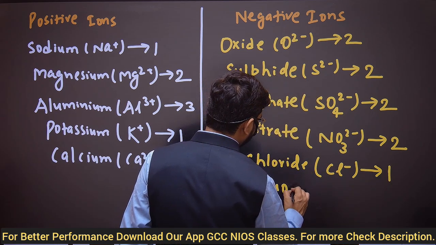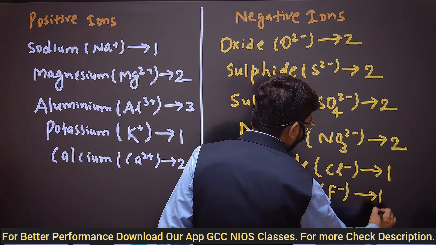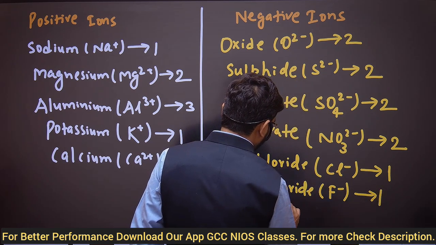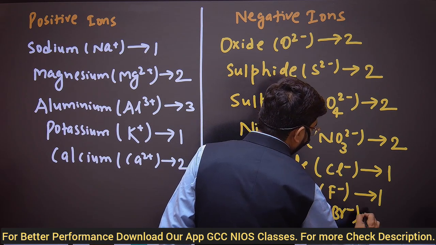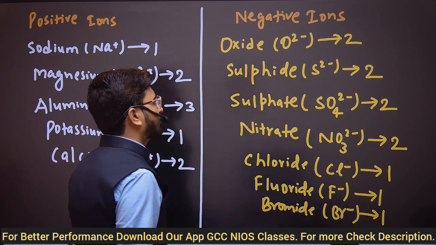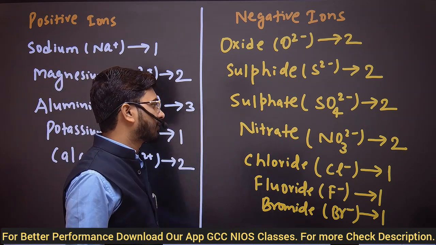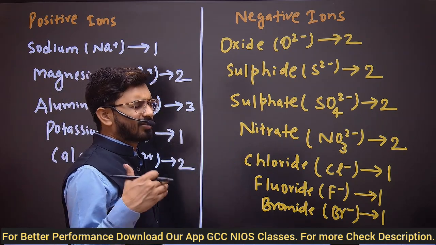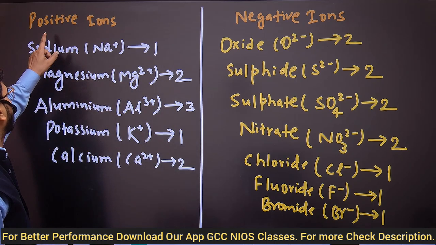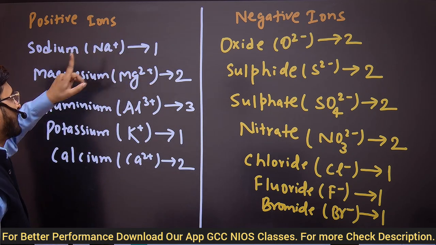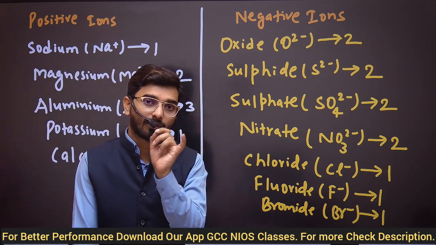Fluoride, F minus 1. Bromide, Br minus 1. And there are so many negative ions that are used, right? Phosphate, so many things.